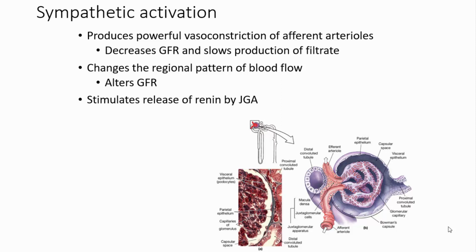The more you constrict the hose, the less water is going to flow through it. Same thing here. So it, again, decreases GFR and slows the production of the filtrate. It changes the regional pattern of blood flow, which also alters GFR, and it also stimulates renin by the juxtaglomerular apparatus.